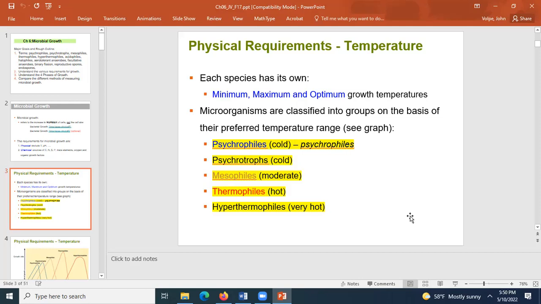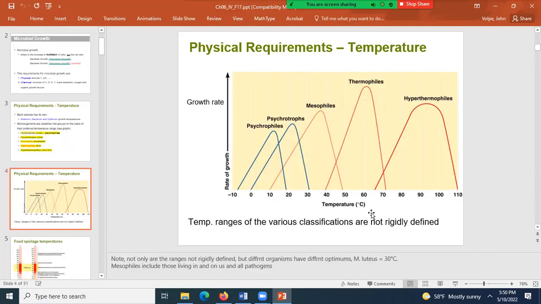We classify microorganisms on the basis of their preferred temperature range. There are psychrophiles. These are organisms that grow best at cool temperatures like your refrigerator, and they grow best near 10 degrees Celsius. There are psychrotrophs, and they grow best between 20 and 25 degrees Celsius. These would be things like microbes you find in the soil.